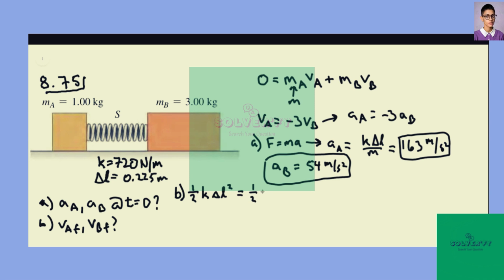This is equal to 1/2 m A, just calling it m, vA final squared, which we'll just call v, plus 1/2 3m, so this is for this one. And we saw that the velocity of B is always going to be 1/3 that of A, so v over 3 squared.